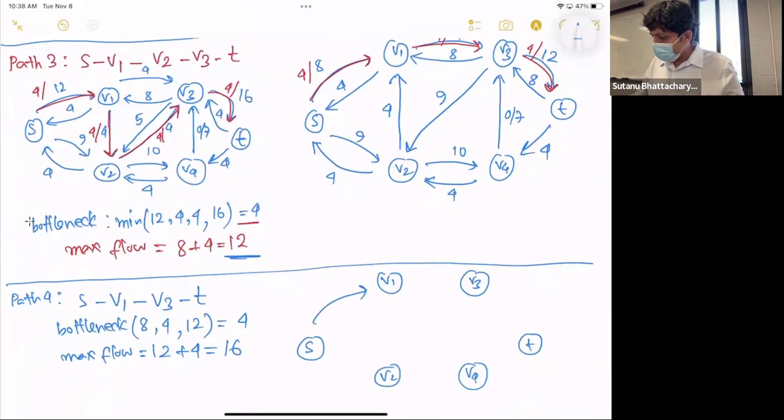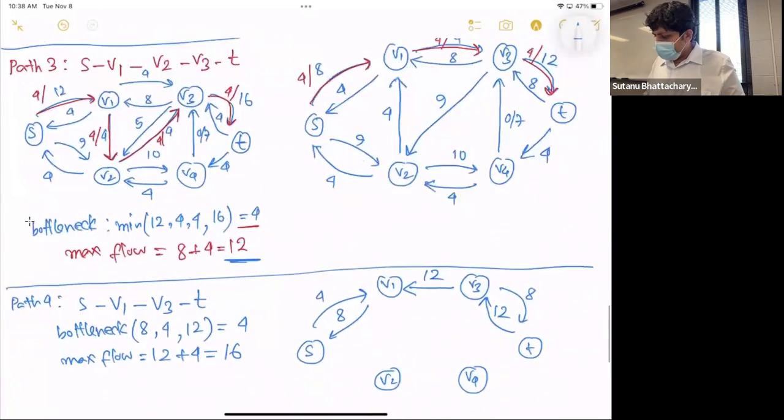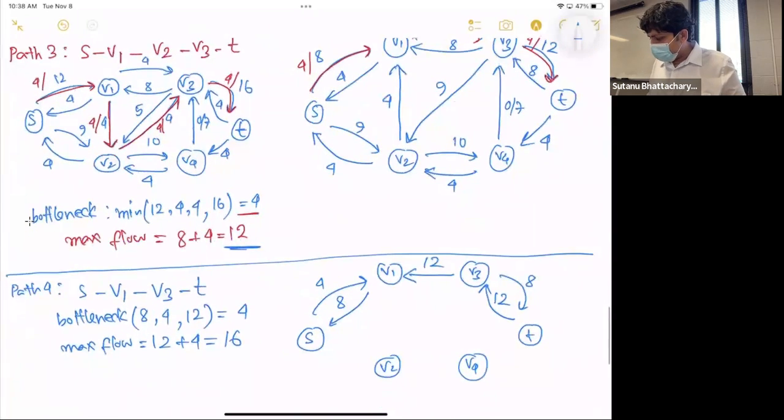The remaining capacity would be 4, the back edge would be 8. Here 4/4 means there is no remaining capacity, so only the back edge, that is 12. Here the remaining capacity is 8 and the back edge is 12, and the rest would be as it is, no change.